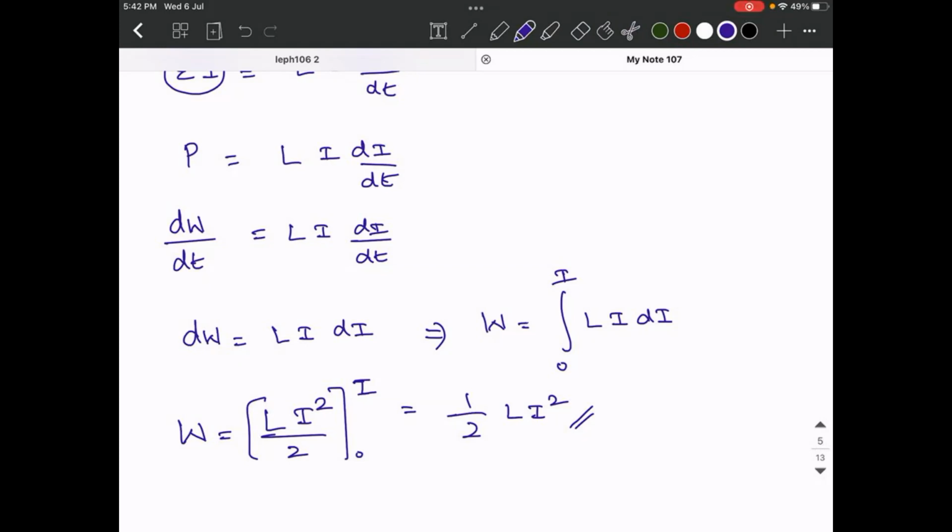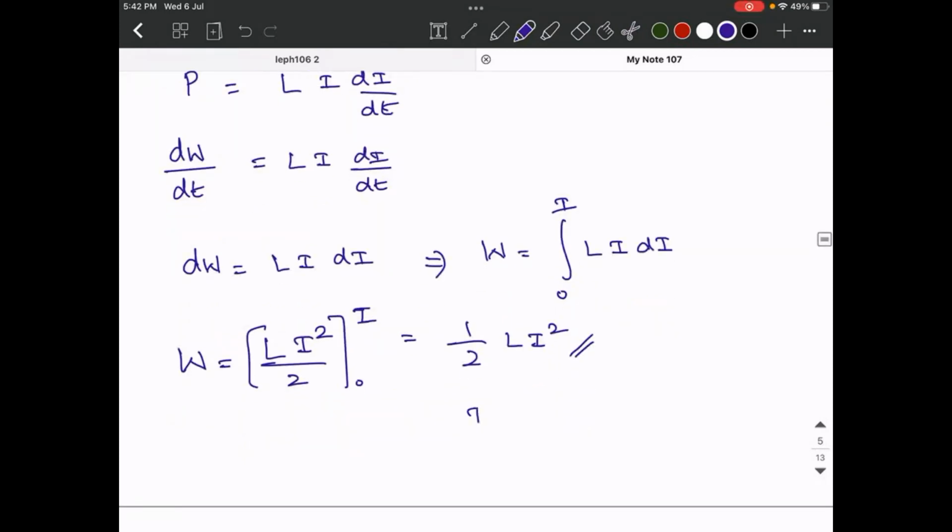So it is half L I square, and this is the energy that is stored in an inductor, and this energy will get stored in the form of magnetic field. Do you remember there is a formula which is similar to this? You wrote this also last week. Half CV square: energy stored in a capacitor is half CV square.